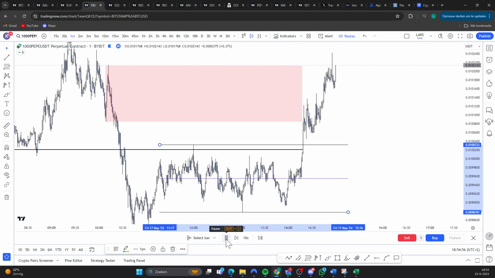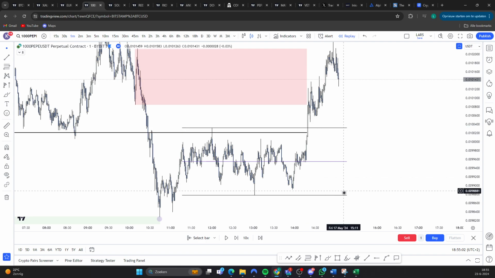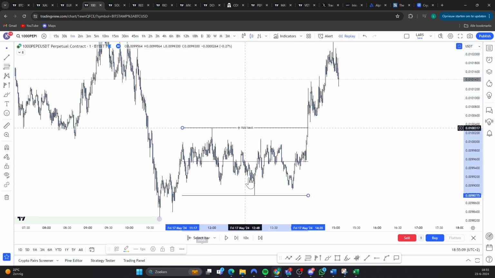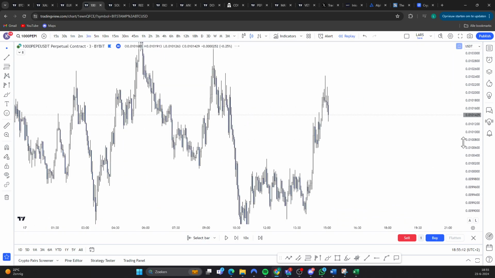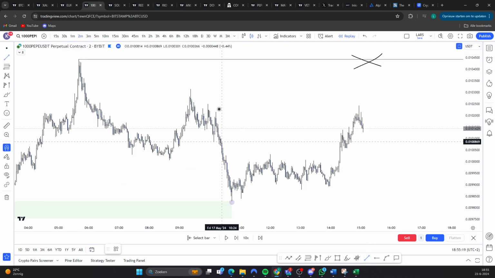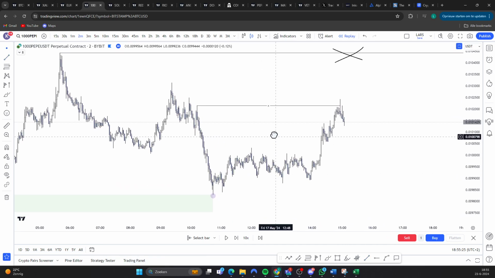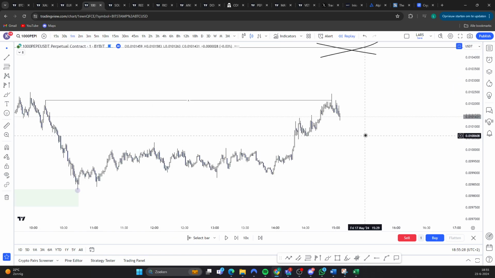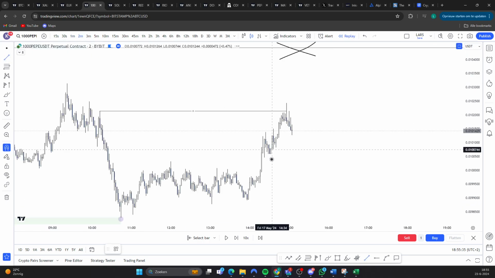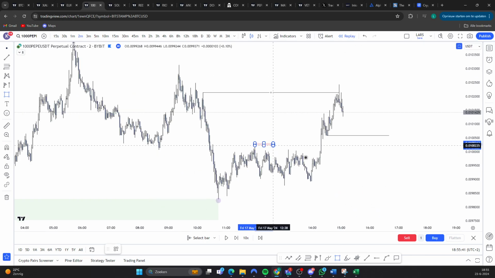We're breaking it. You don't want to be losing this low. But it is backed by this accumulation range, right?